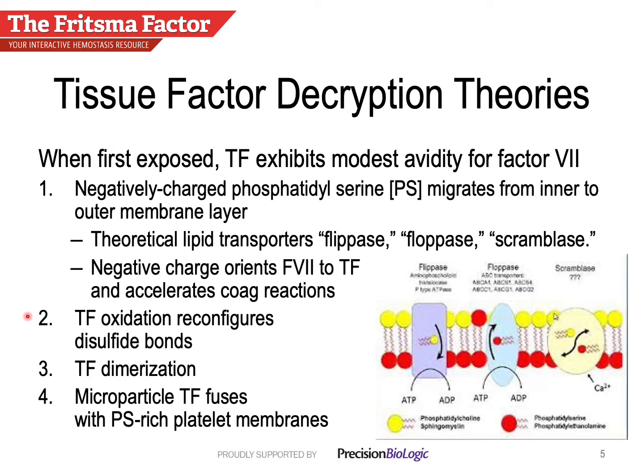Mechanisms 2 through 4 propose changes in the tissue factor molecule, including oxidation, dimerization, or fusion with phosphatidylserine-rich plasma membranes.